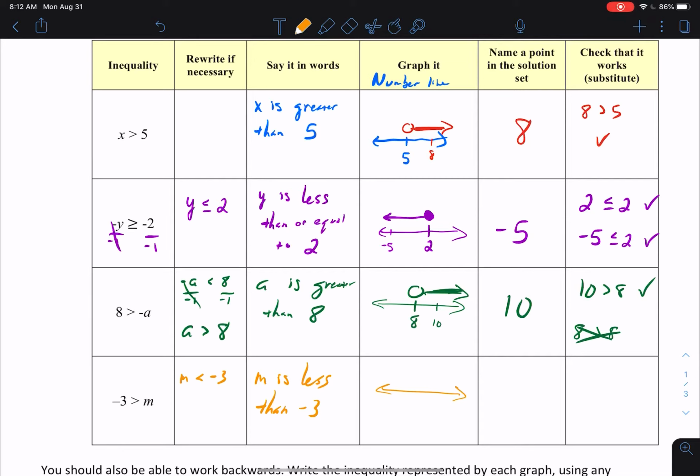Number line, starting out at negative 3. I cannot include it, so it's going to be an open circle, and it's less than negative 3, so I'm going off to the left. A point that's in there, pick negative 8. Negative 8 is about there. Is negative 8 less than negative 3? Yes, it is.